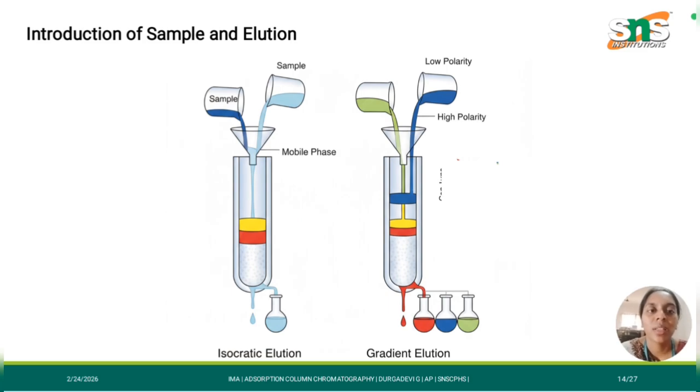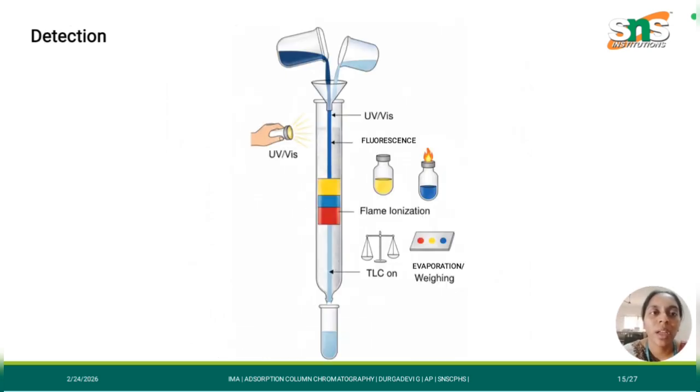Isocratic means the same solvent system is used throughout the separation process, and gradient elution means that, polarity-wise, we use different solvent compositions, that is, mobile phase compositions. The detection can be done with the help of a UV visible detector, fluorescence or flame ionization, depending on the type of sample we are going to analyze. Thank you.